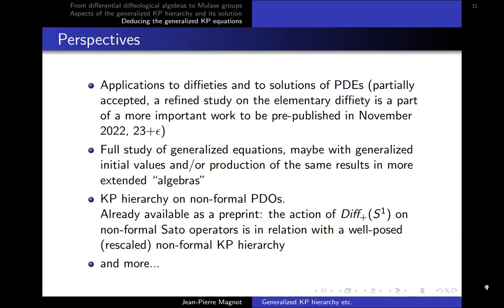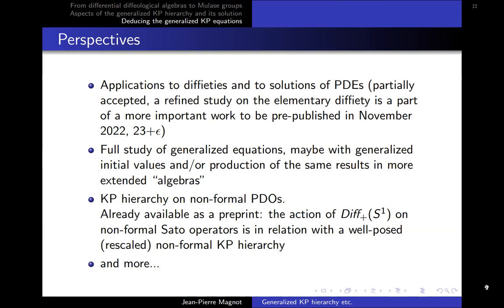And it is a natural question because we can derive PCDOs from non-formal pseudo-differential operators. So there are some investigations in progress.